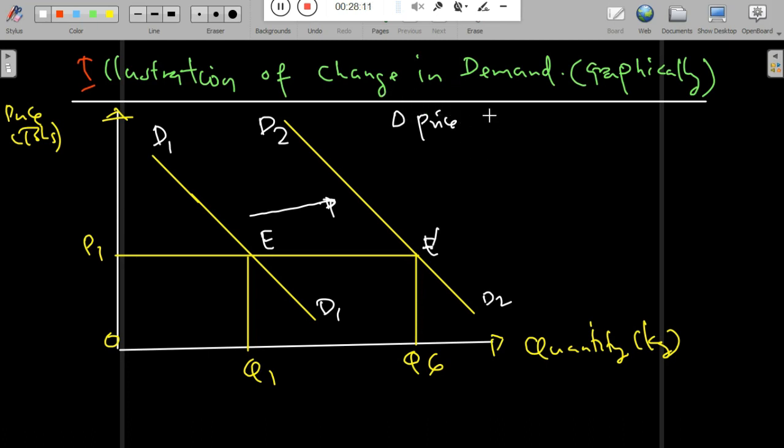This is the quantity in kilograms on the x-axis and the price level on the vertical axis.